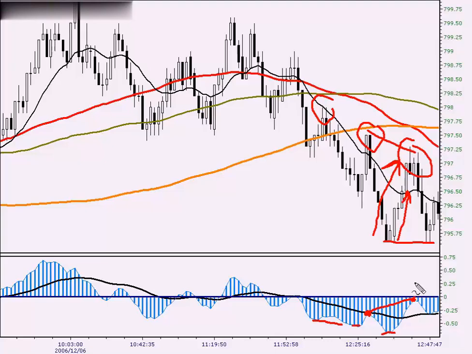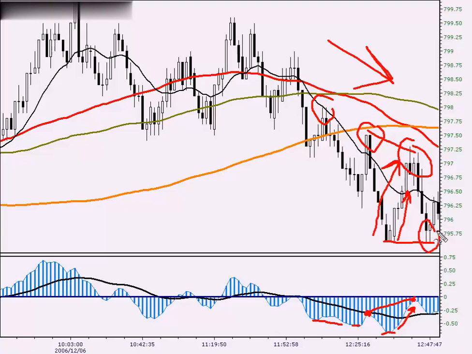So be careful now, because if you know the primary energy is to the downside, but some buying energy is coming in against this, and that buying energy is getting stronger, then as we come back down we're going to watch whether there is enough selling energy to overcome this increased buying energy. The answer is no.